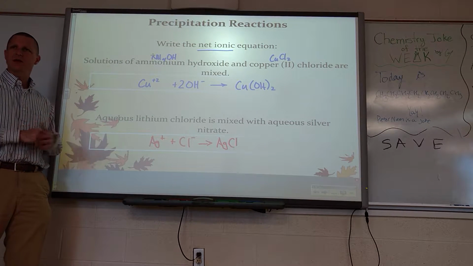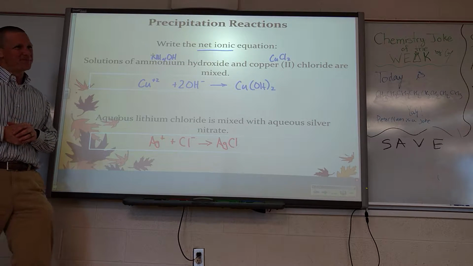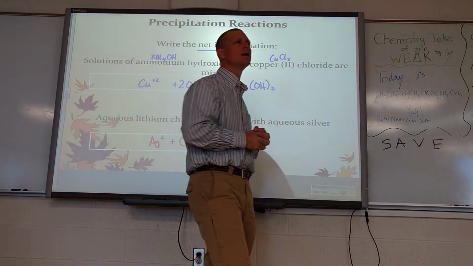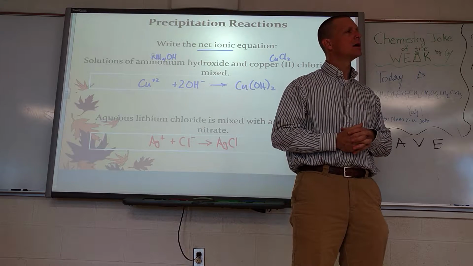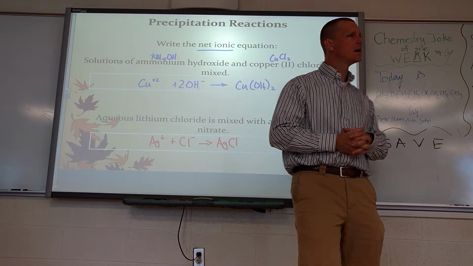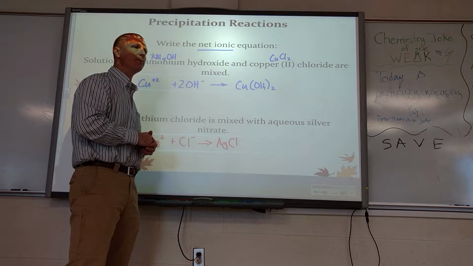Anything else about this page? Yes, Peter. Number 1 says most nitrate salts are soluble. Yes. And number 3 says most chloride, bromide, and iodide salts are soluble. Notable exceptions are salts containing Ag. Yeah, like this one. With those ions.